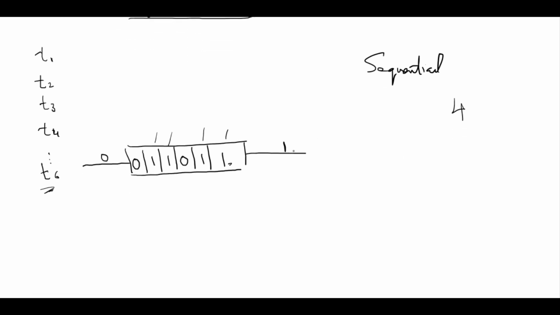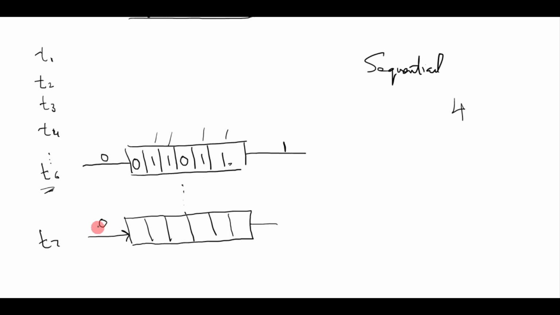So let's suppose you continue and at some time instant t7, if you apply 0 again, this 0 will go here, this 0 will move forward and it will move here, this 1 will go here, similarly the second one will go here, this 0 will move here and this 1 will shift here and this 1 will be discarded.